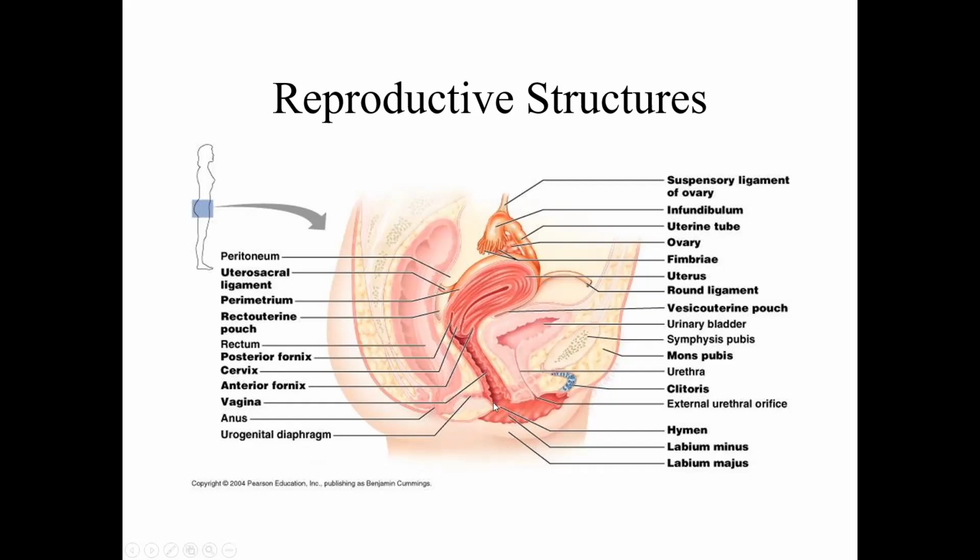At the anterior end of this area called the vestibule, we have the clitoris. This is the counterpart to the glans penis on the male. It is erectile tissue. It does become engorged with blood, and the clitoris will become erect.